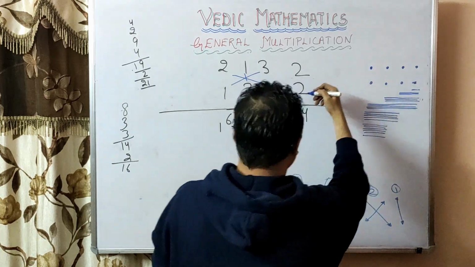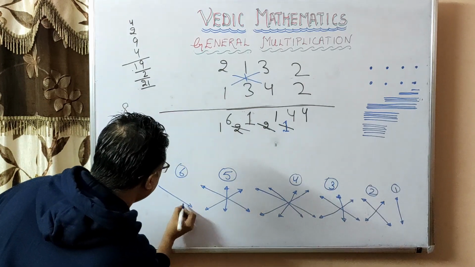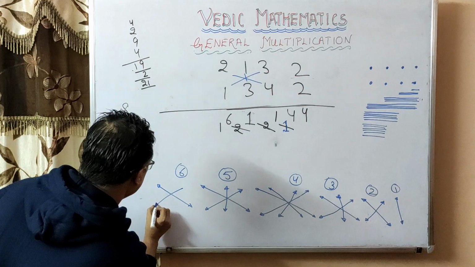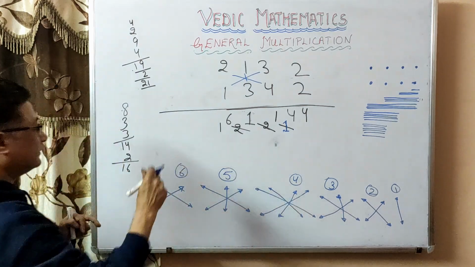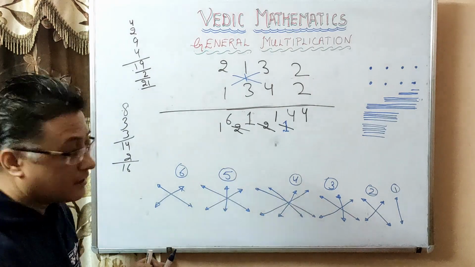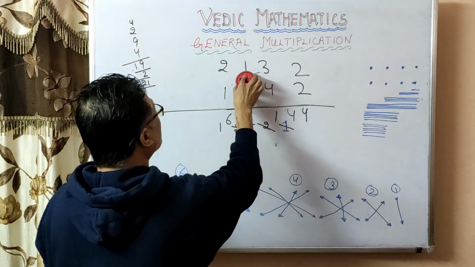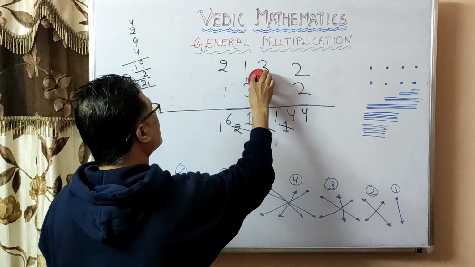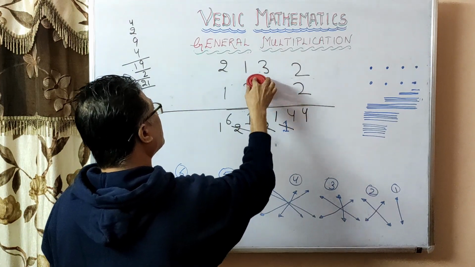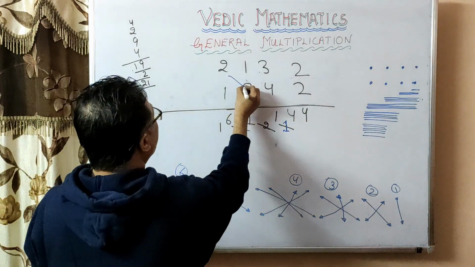Consider only these 2. So for the sixth step, we consider only this. This is what we consider in the sixth step, and our sixth step will be 2 multiplied by 3 and 1 multiplied by 1.